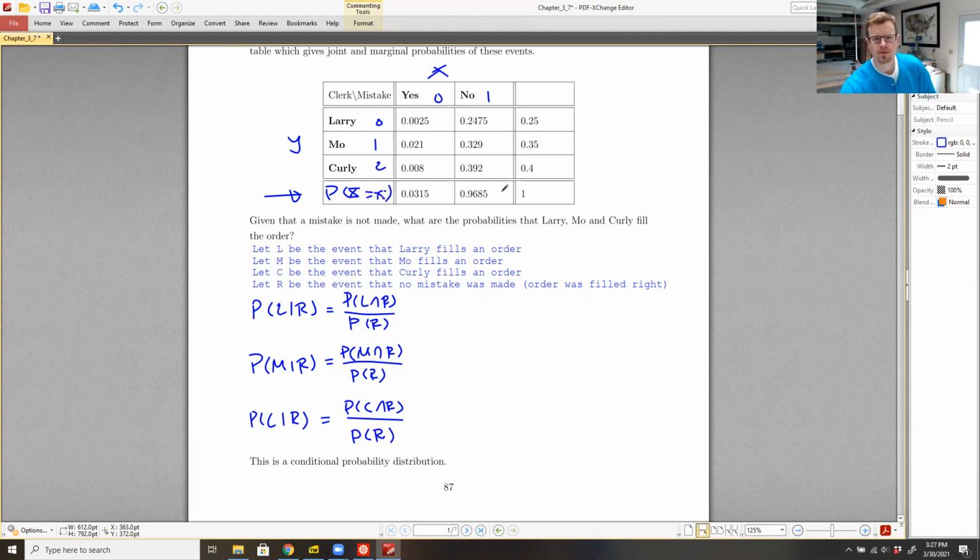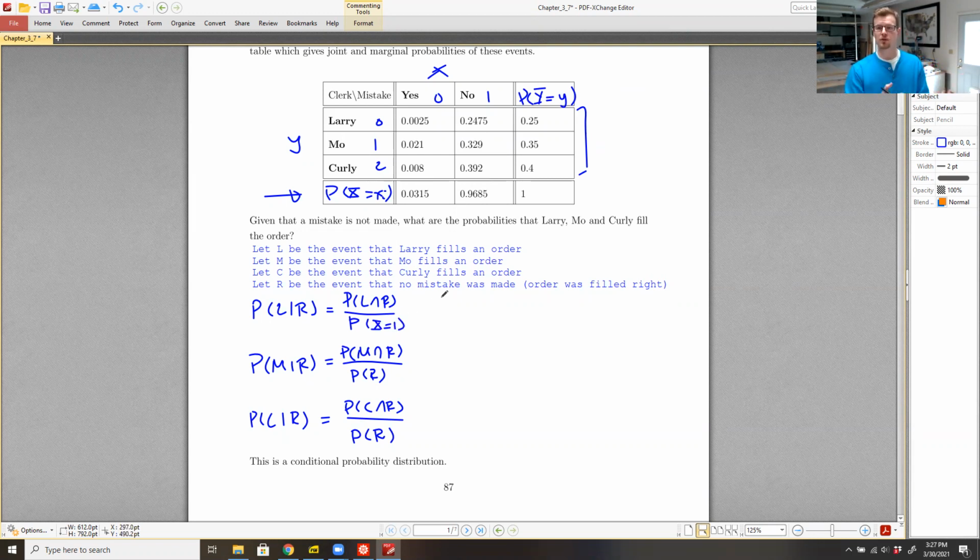This is the probability distribution of X, and this is the probability distribution of Y. So we have our distributions, the probability of R. In this case, we're really looking at X equals 1, no mistake.